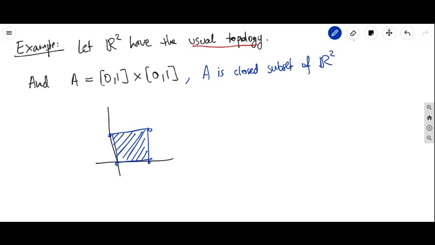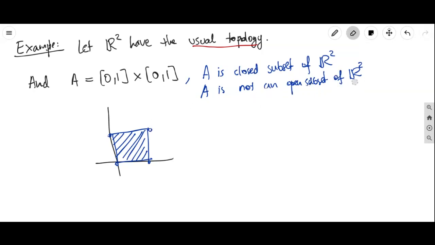So this A is a closed subset of R2. We're not going to prove it's a closed subset. You can try to think it through more carefully. And A is not an open subset of R2. It's not enough to say that just because A is a closed subset that it's not an open subset. Maybe it could be both.